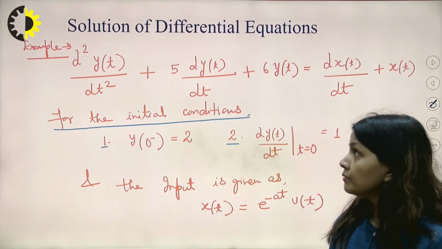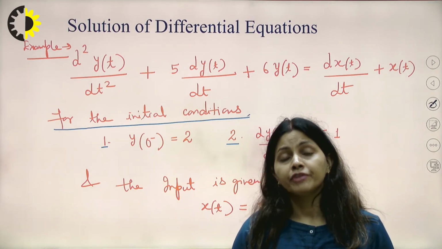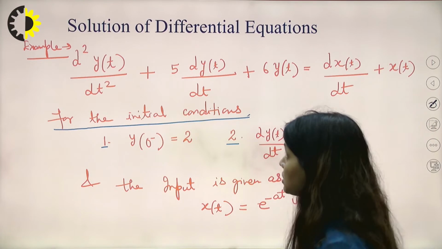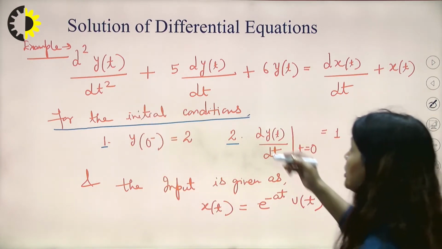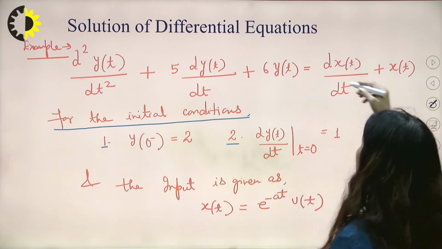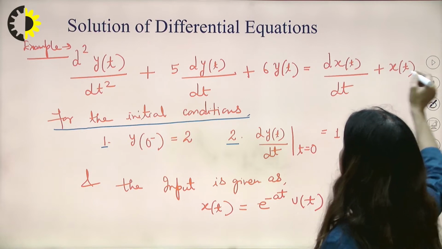Now again, let's say we are given one differential equation which is d square y(t) upon dt square plus 5 dy(t) upon dt plus 6 y(t) is equal to dx(t) upon dt plus x(t).